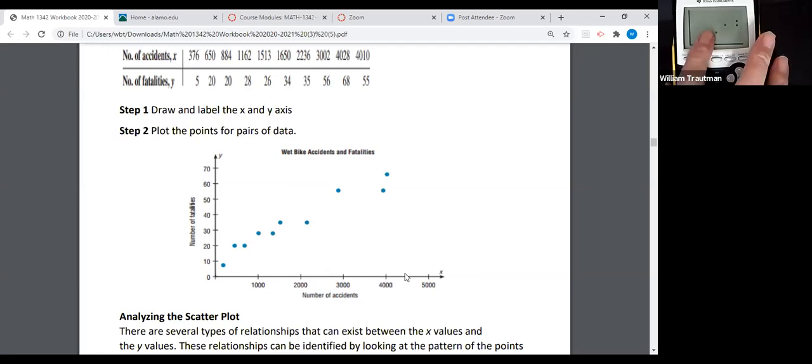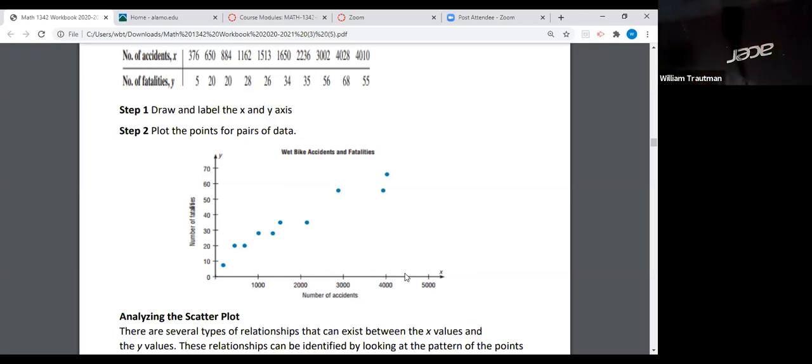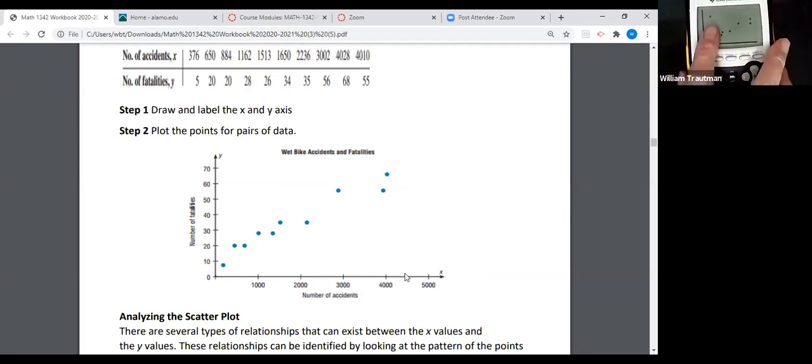Like I said, if one of these pieces of data was in the wrong spot, and here's one that's a little bit more realistic. Do you see this piece of data is in the wrong spot? You can tell. So you want to go back to your table and check it.